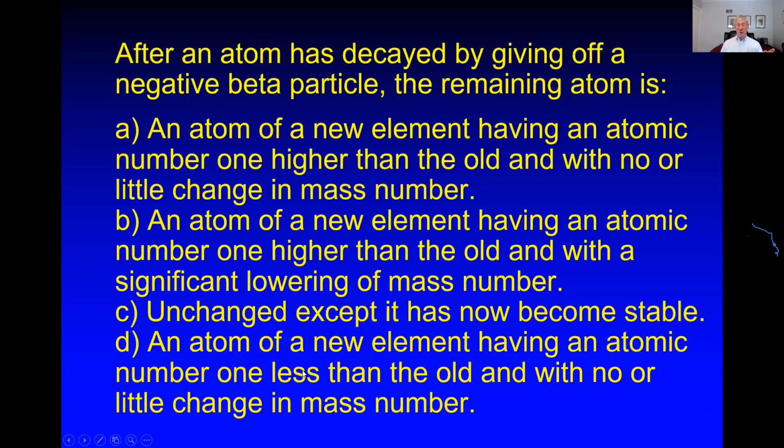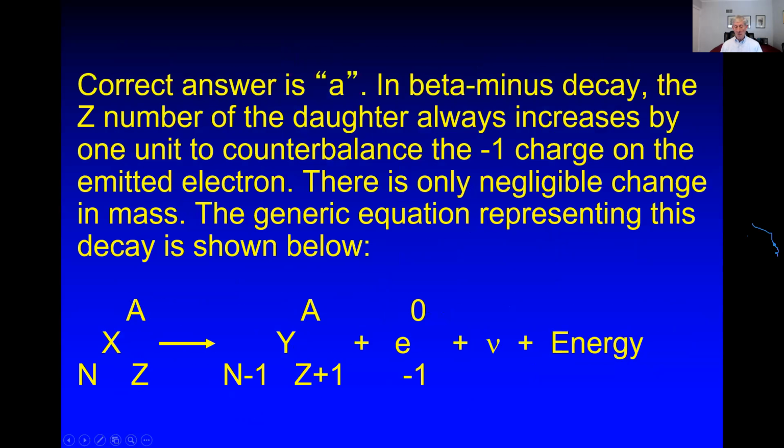That only happens from the neutron deficient area, not the neutron excessive area. Little or no change in mass number, that is correct. So let's go back. Choice A is the only one totally correct. In beta minus decay, the Z number goes up by 1, and mass number remains essentially the same. Here's the explanation for it.